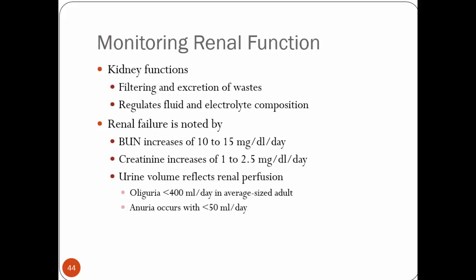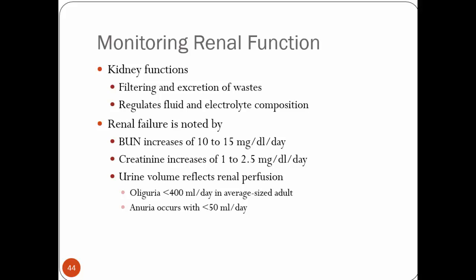Many times we cause renal failure by placing them on positive pressure ventilation, because as we decrease the cardiac output, we also decrease blood pressure, and that in addition leads to renal failure. So we have to stay on top of this.